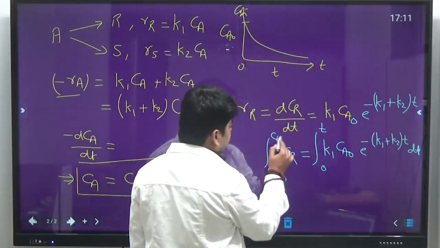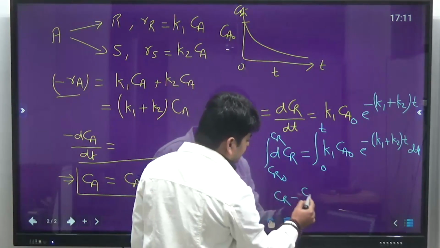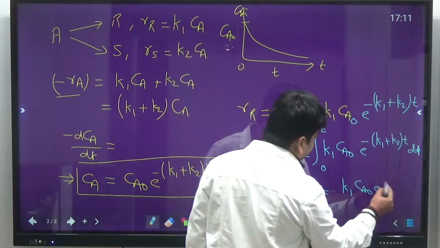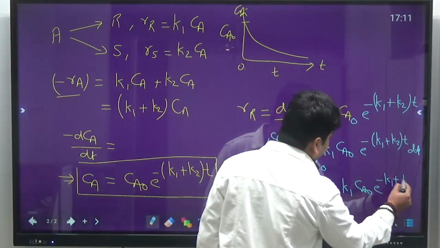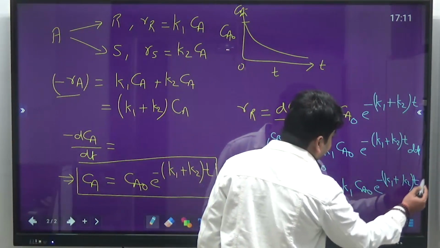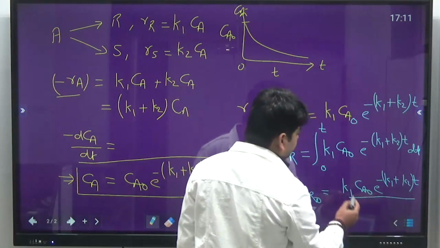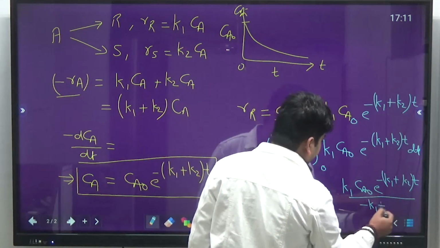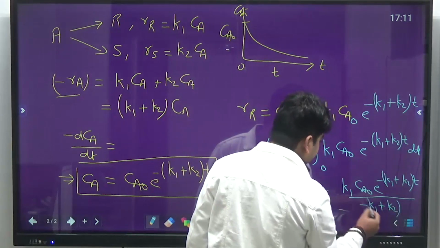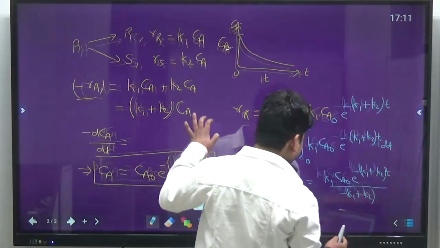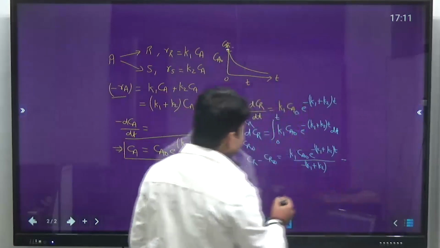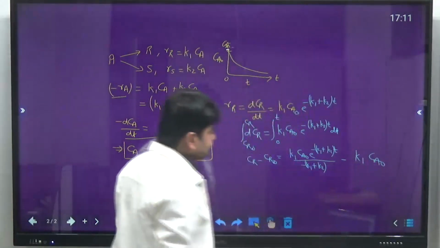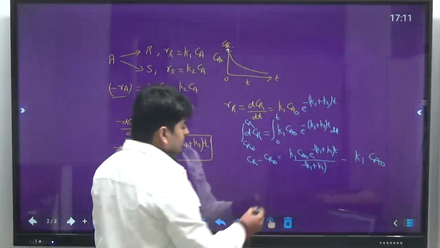At t equal to 0 it is Cr naught, at any time t it is Cr. So from here you will get Cr minus Cr naught is equal to K1 Ca naught e to the power minus K1 plus K2 times t over minus of K1 plus K2, minus K1 Ca naught.